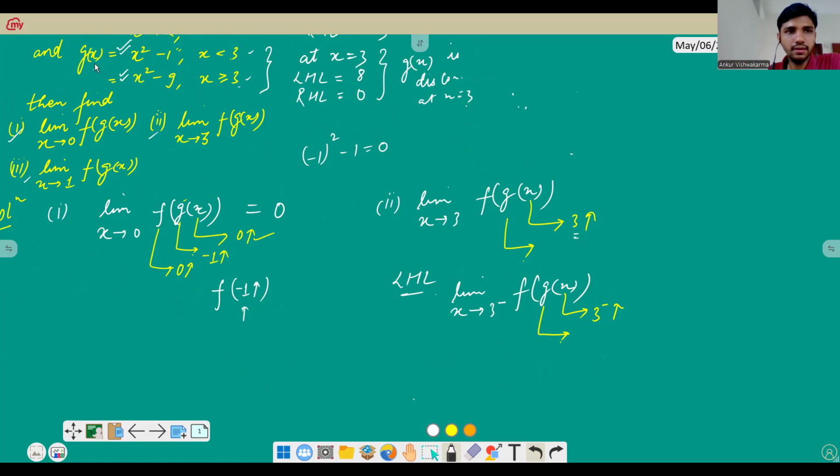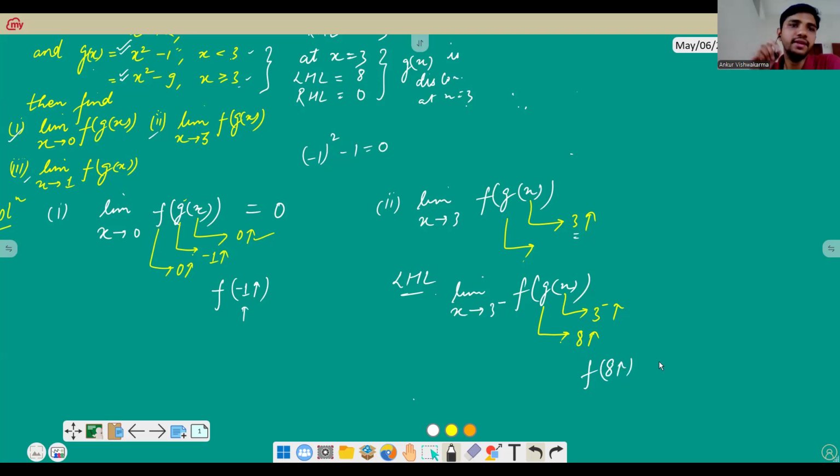Obviously, g is defined as x square minus 1 when x is less than 3. So yes, g will approach 3 square minus 1, which is 8.